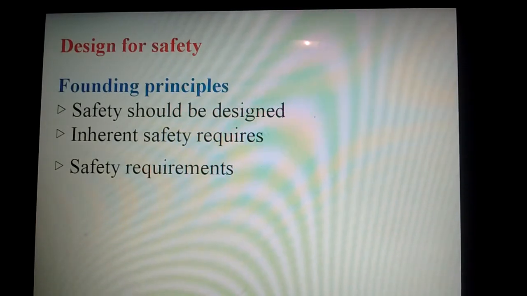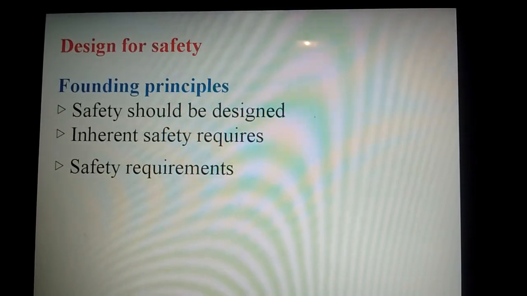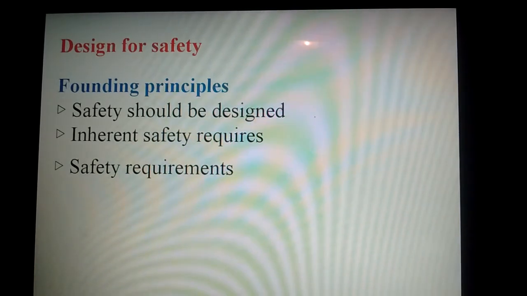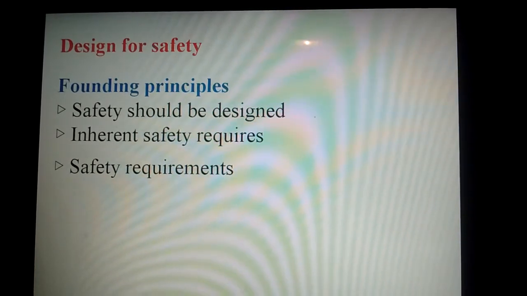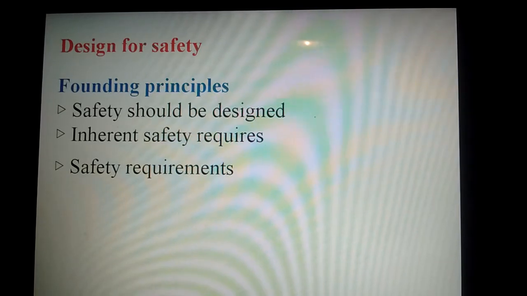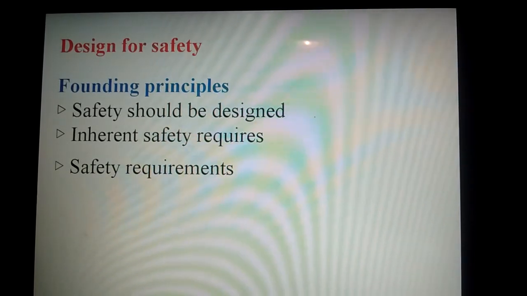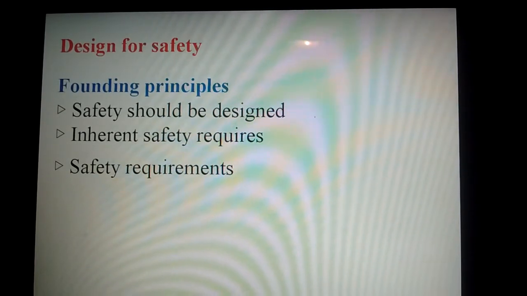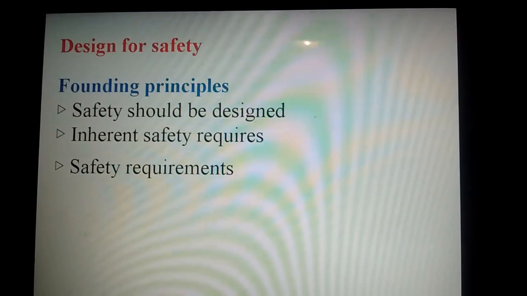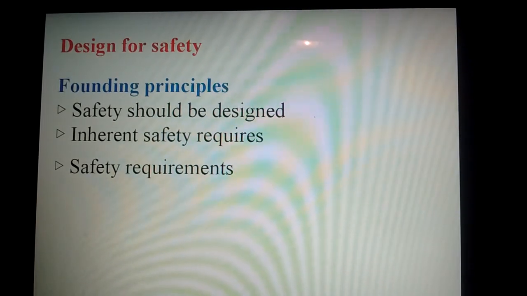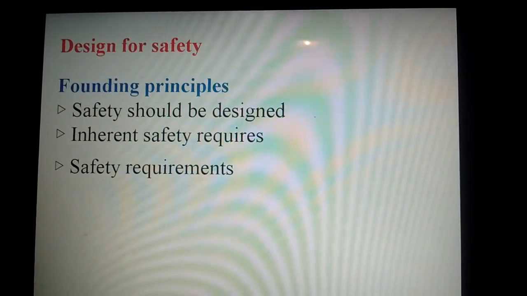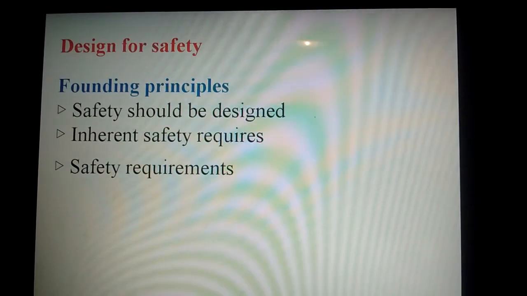Then inherent safety is also required for all systems, for their use, applications and user-friendly interaction. Safety requirements must be present when designing or manufacturing a product. So these are the three founding principles of safety.